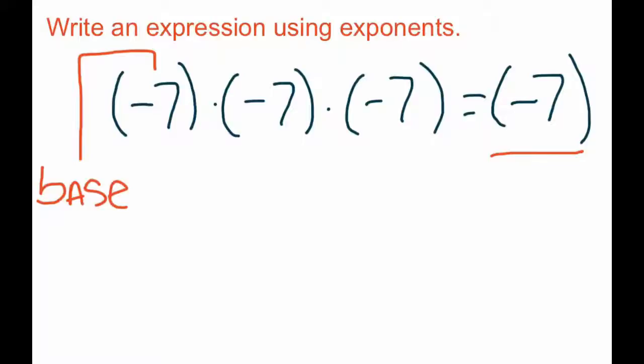Here we see that we have 1, 2, 3 -7s multiplied by each other. So our exponent would be 3. Our final power would just be -7 raised to the third power.